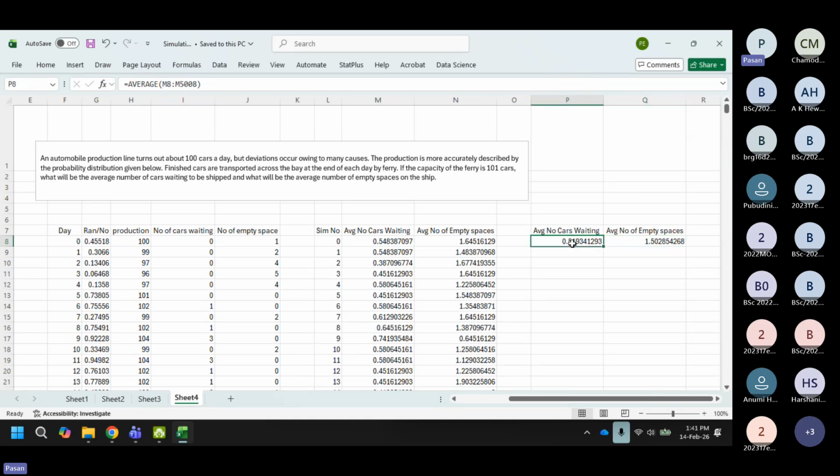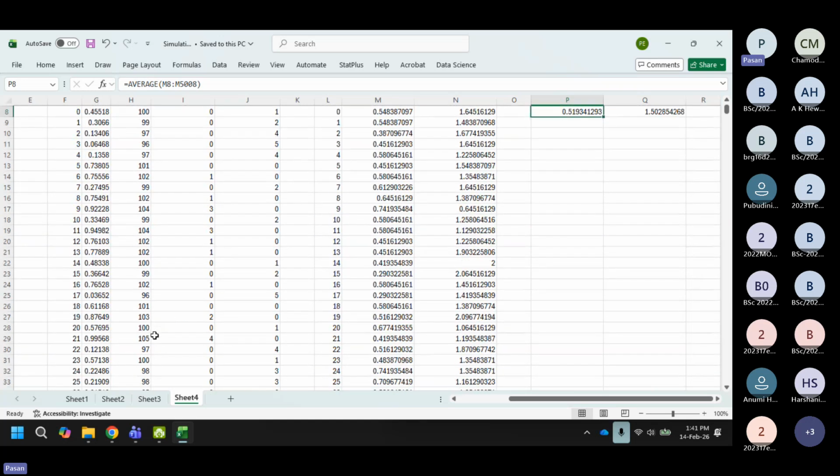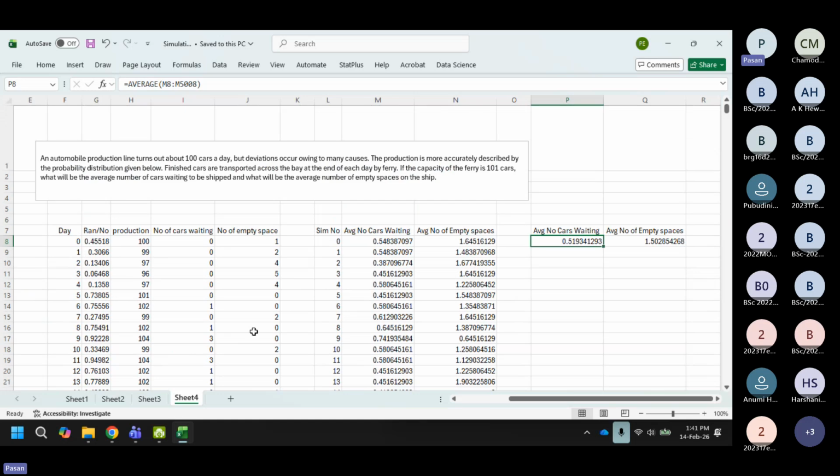So we did 30 simulations initially, and then took the average, and then we repeated that concept 5,000 times. I did it for 5,000 times. So these are the averages out of the 5,000 times.